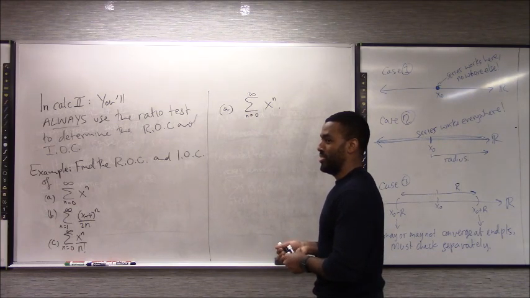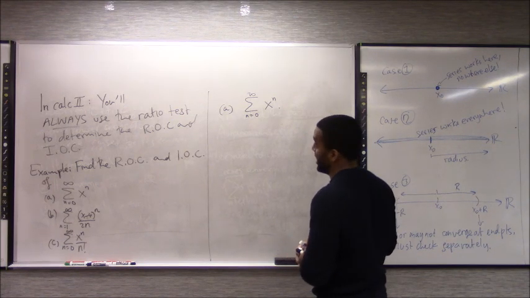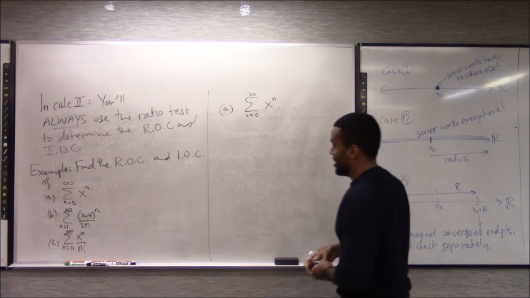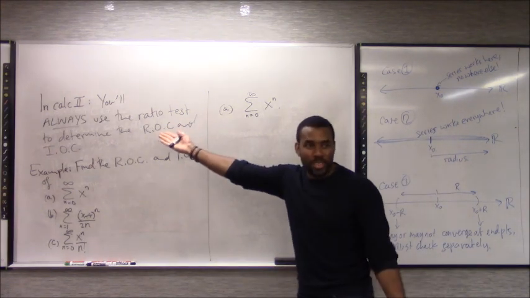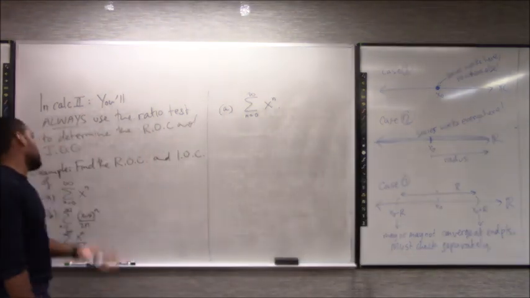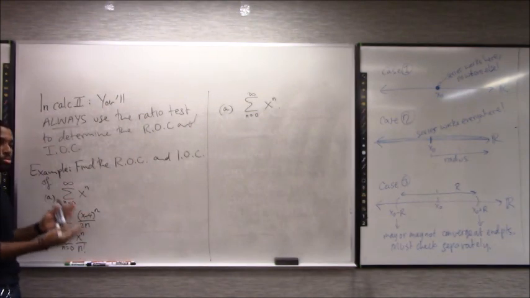You're too shy. You need to talk to me. Ratio test. It's always going to be the ratio test. So find the radius of convergence of blah. It doesn't matter how scary it looks. You're going to do the ratio test.